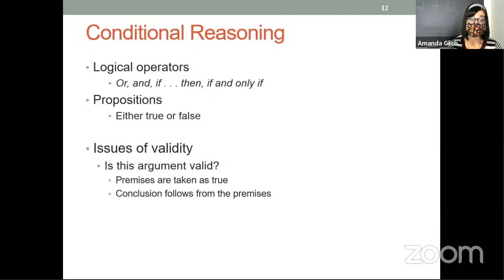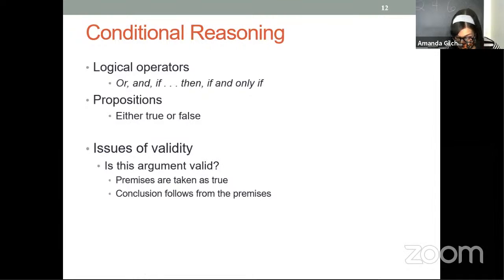Conditional reasoning will often include statements such as if, or possibly or. So that includes statements like or, and, if, then, or if and only if. So we have a variety of different logical operators.